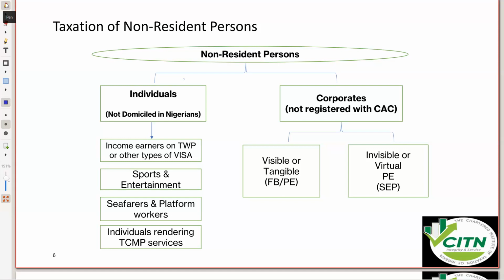So that's an invisible or virtual permanent establishment because they continue to earn money in Nigeria. So it's important that this group of individuals pay taxation. So these are the two broad groups of non-residents that international tax would be applicable to.